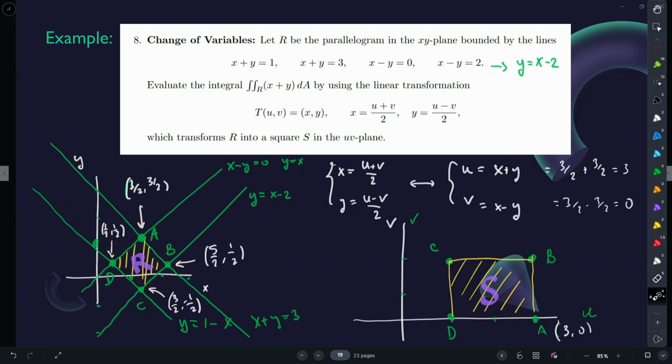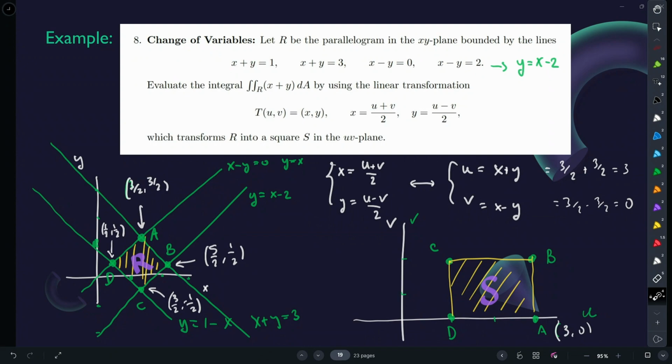You somehow need to know how u and v are going to move before I can integrate, because in the integral in u and v, I'm going to have to integrate over a region, and I have to figure out what the limits for u and for v are, which are not given here. If the problem gave me the region S, that would be one step less to do in the exam. Okay?